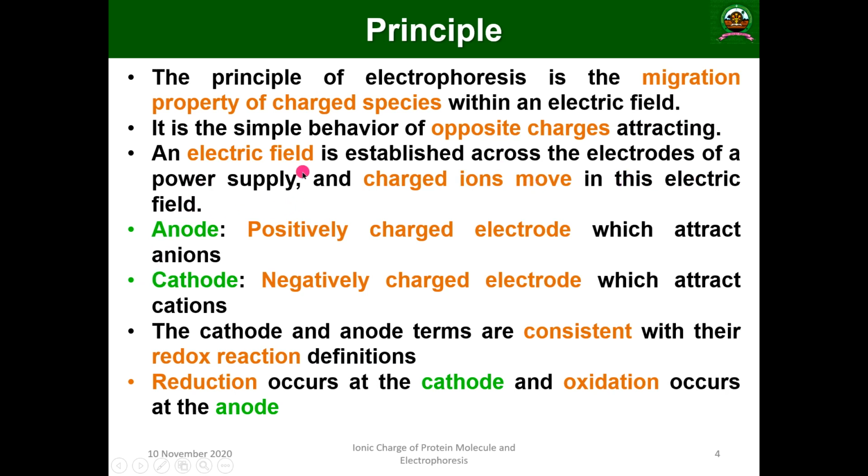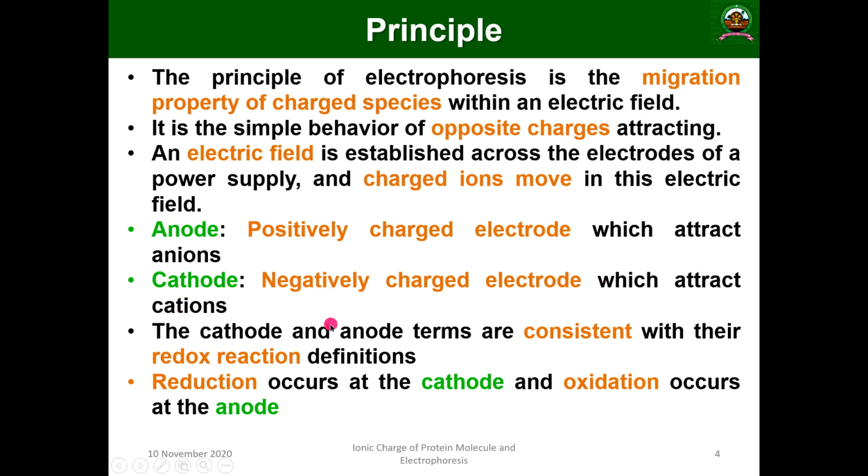Okay, there are two types of electrode, you know that, anode and cathode. Anodes are positively charged electrodes which attract the anions or negatively charged components. Cathodes are negatively charged electrodes which attract cations or positively charged components.